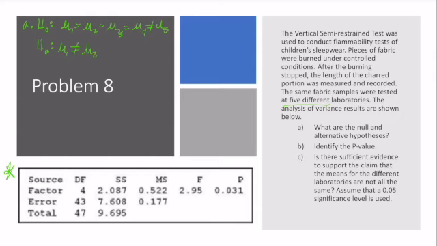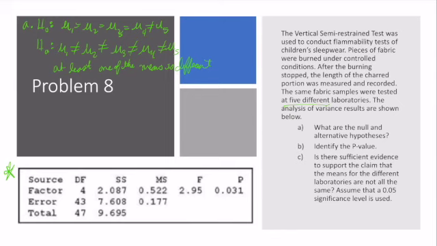So they do not all equal each other. Or you can write at least one of the means is different.